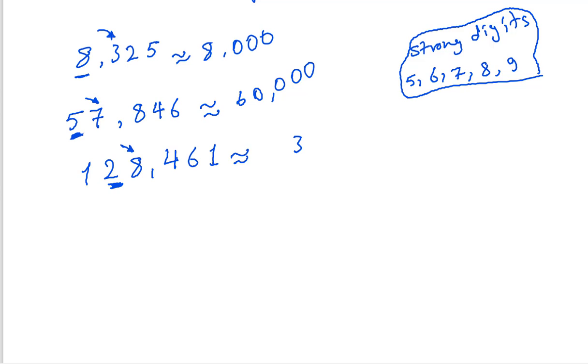And after that, do not change the digits to the left. What we change is the digits to the right. All of them become zeros. So 4 zeros. And this is rounded to the nearest 10,000. It will be 130,000. We use this rounding to estimate.